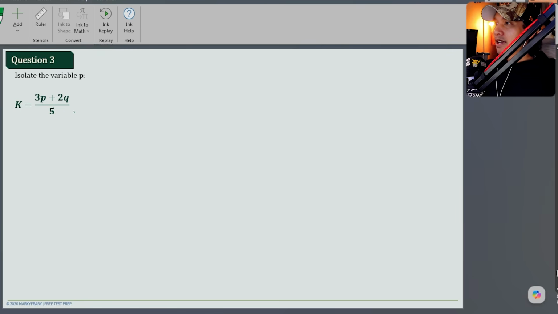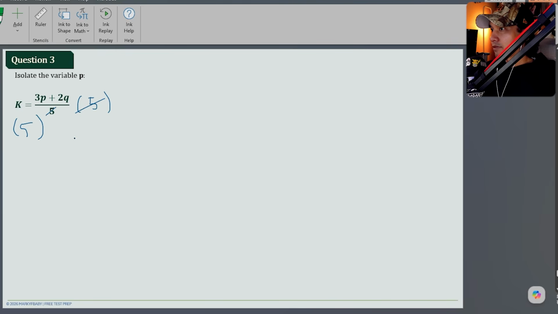Question 3. Isolate the variable p. Okay, the first thing I would do, I would clear the denominator. Okay, I've received lots of feedback that there are lots of fractions. So that's why I have lots of fractions on my questions. Okay, so I multiplied 5 to each side.